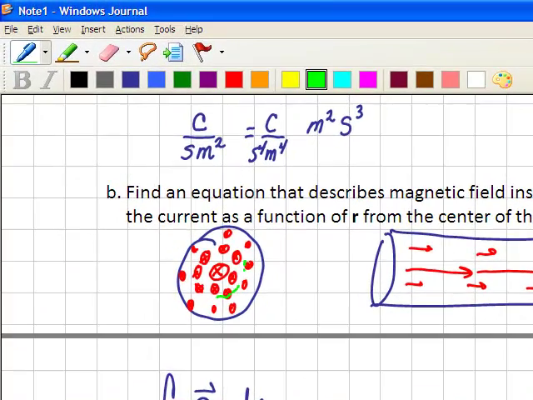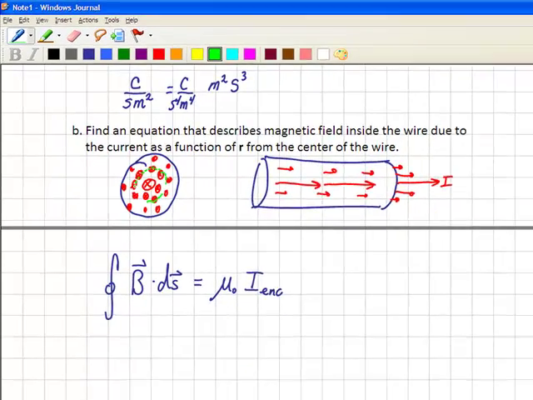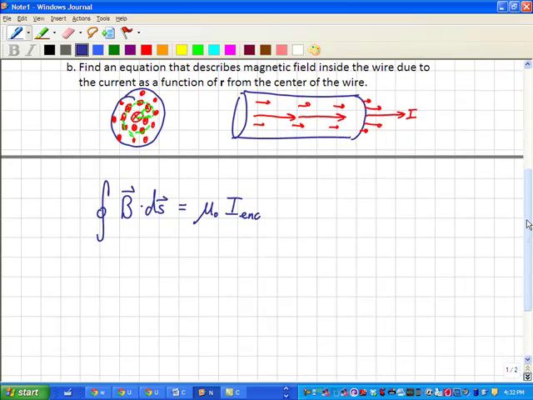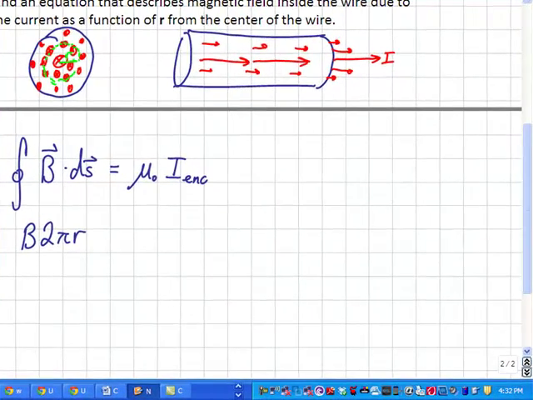Let's define it as being somewhere inside the wire, and it's going to have a radius of r. Now, the left-hand part of our integral is going to turn into a B times the circumference of our Amperian loop. That r is an arbitrary r that works for anywhere inside the wire, although not outside the wire.